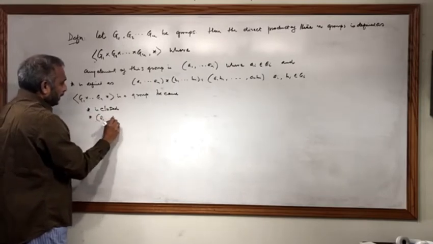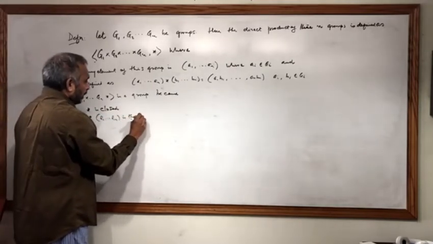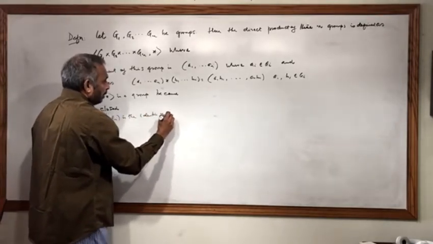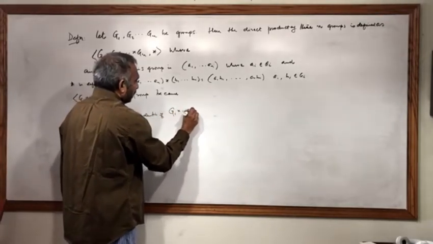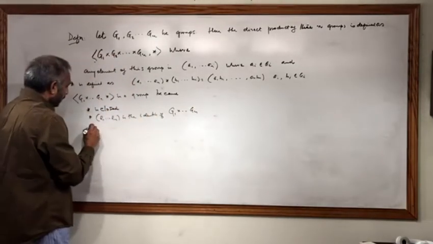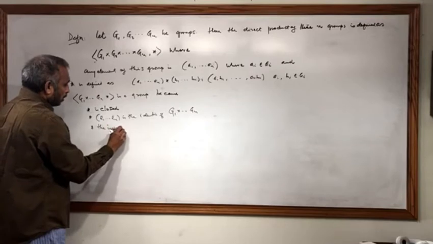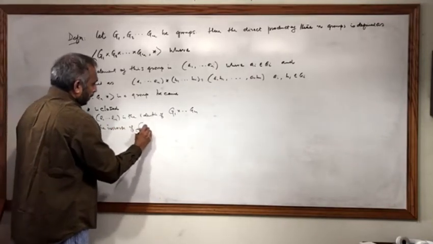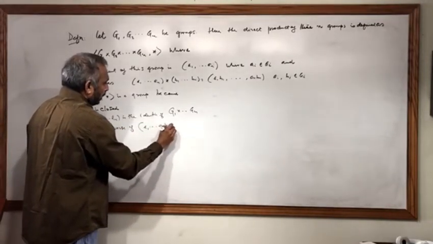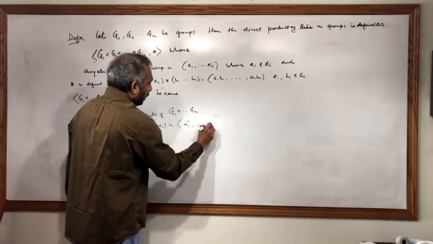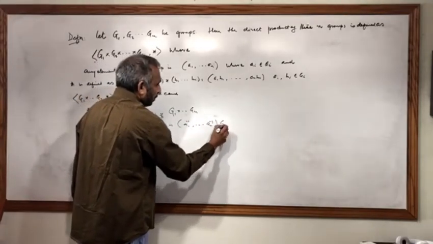(E1, ..., En) is the identity of G1 cross ... cross Gn, and the inverse of any element is (A1 inverse, ..., An inverse).